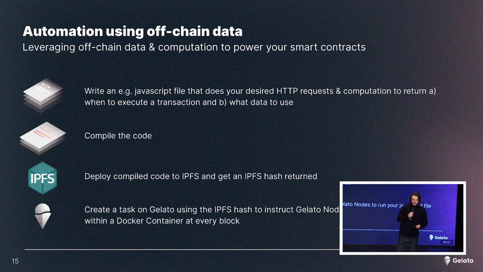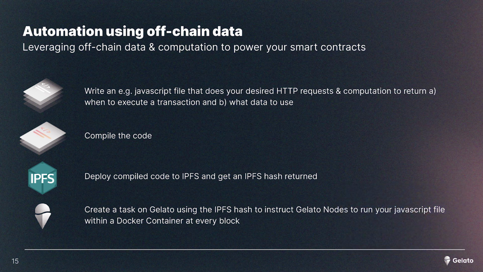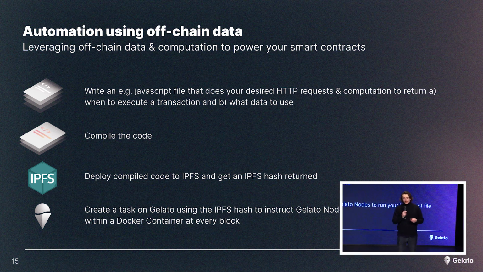And how this actually works is, as a user, you used to define smart contracts, and then Gelato basically checks these smart contracts, and the smart contract itself returns the data and defines the logic. But what you can do now is write, let's say, a JavaScript file or a Rust file that includes arbitrary HTTP requests and does computation, and then it tells Gelato when to execute something and what data to use.